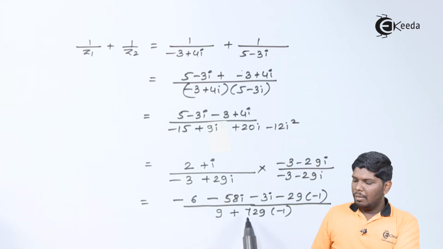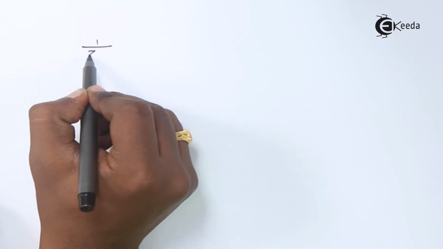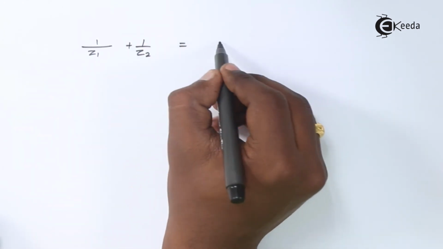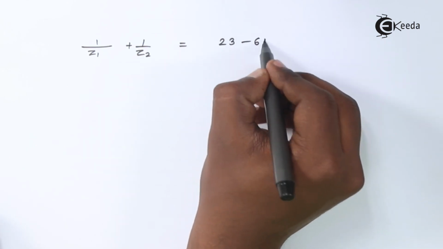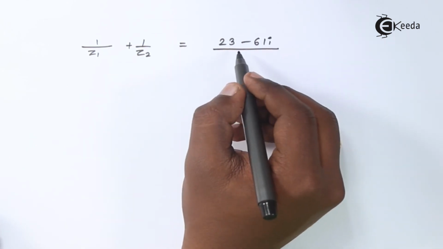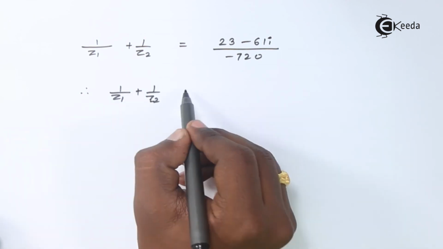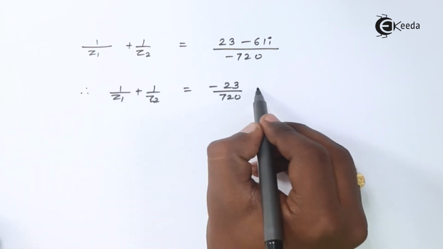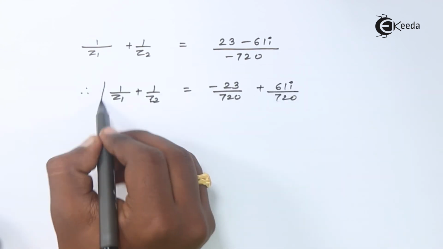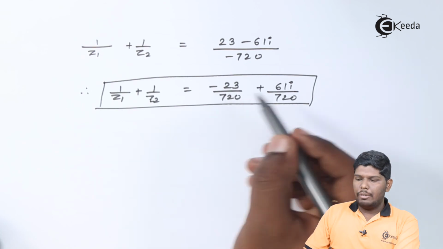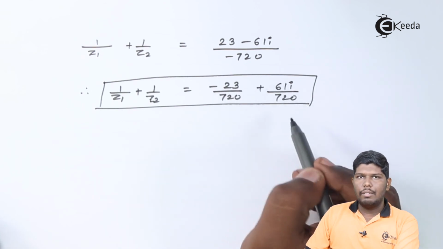In the denominator we have 9 minus 729, that will give you minus 720. So the final answer will be minus 23 upon 720 plus 61i upon 720.